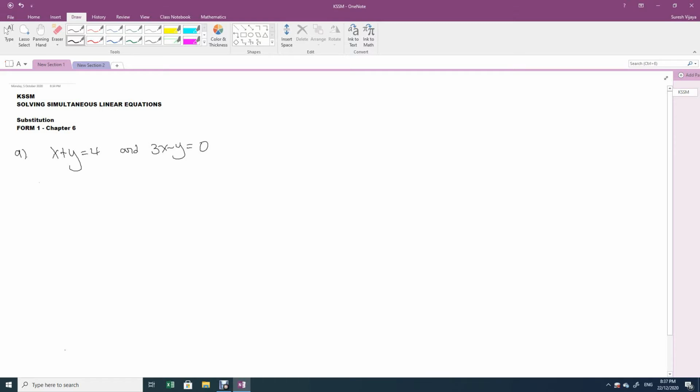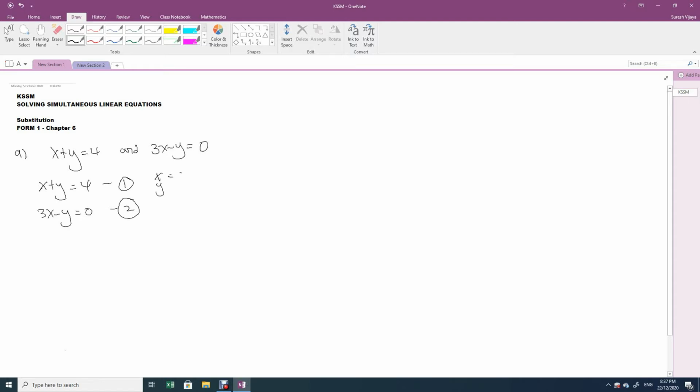So first step would be naming it as equation 1, and the second equation as equation 2. Use a substitution method to solve this. You need to make one of the equations in the following form.